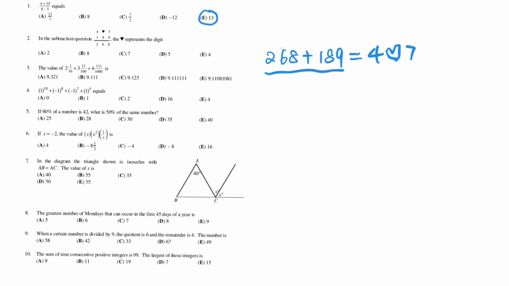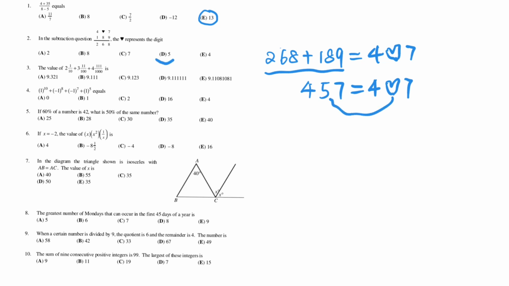The first two numbers, add them together. That's 754. 457 equals 4, heart, 7. So the heart represents 5.